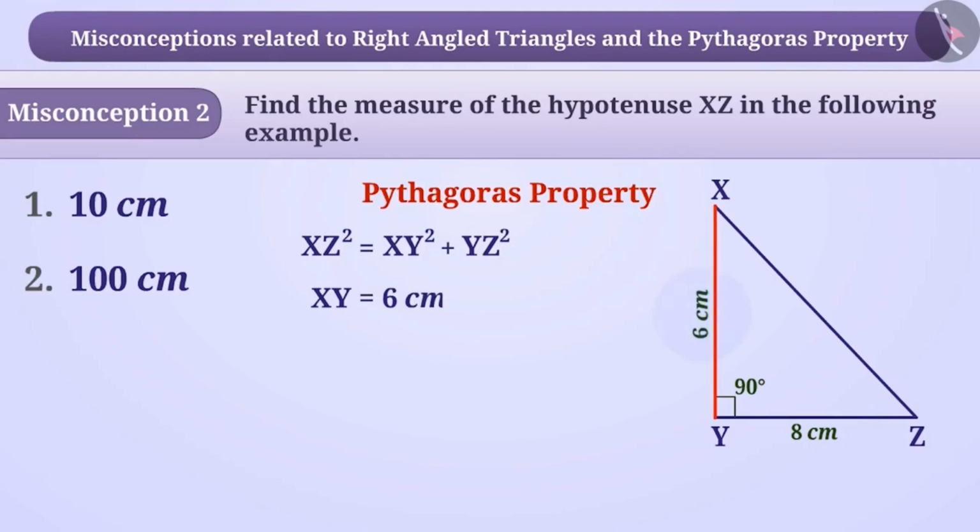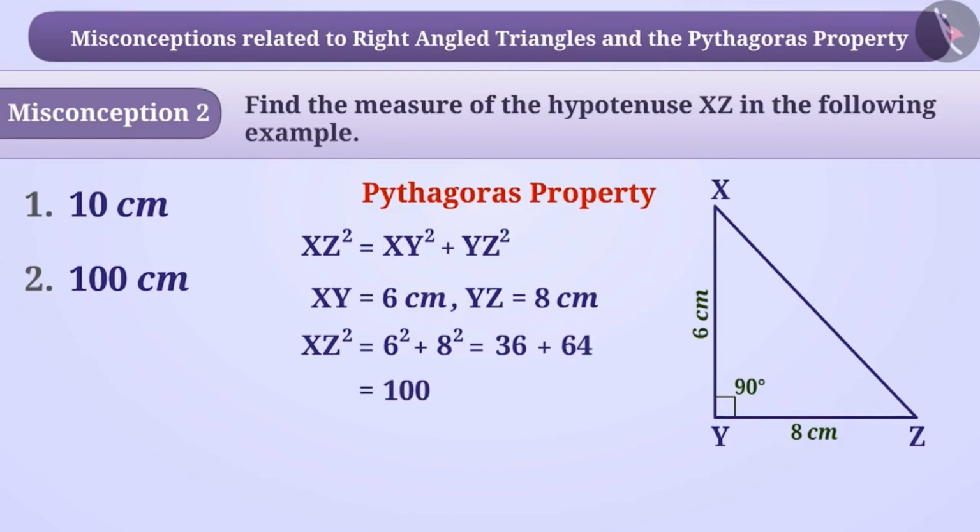Since XY is equal to 6 cm and YZ is equal to 8 cm, therefore XZ square is equal to 6 square plus 8 square, which is 36 plus 64, which is equal to 100. After getting this sum, they forget to find the value of XZ from XZ square. They assume the value of XZ to be 100 cm. With this understanding, they give the answer as option 2, which is an incorrect answer.